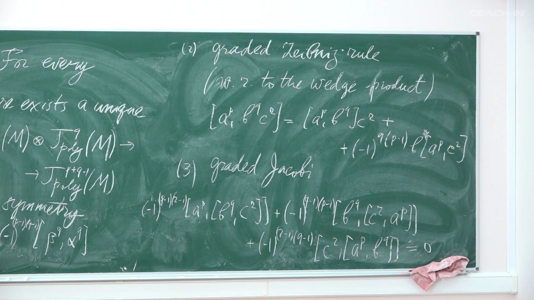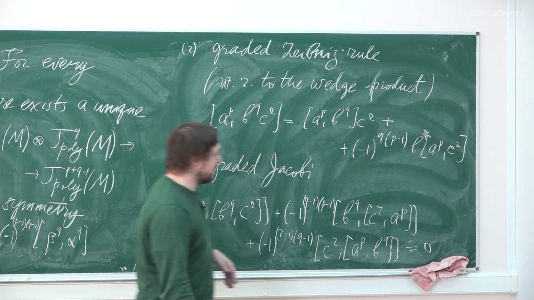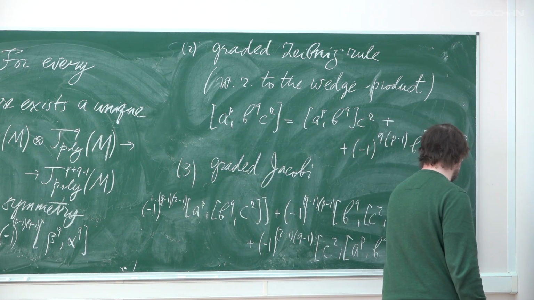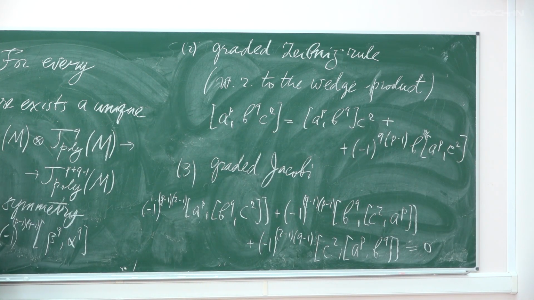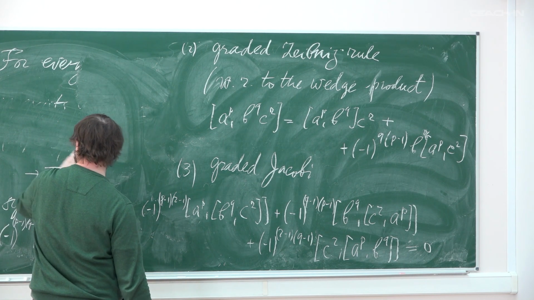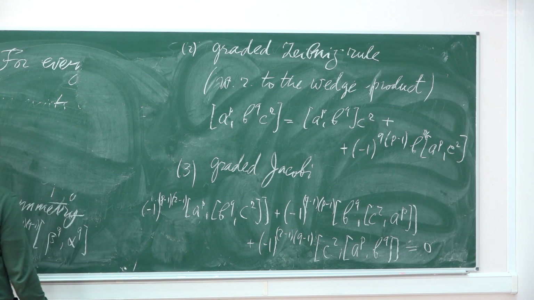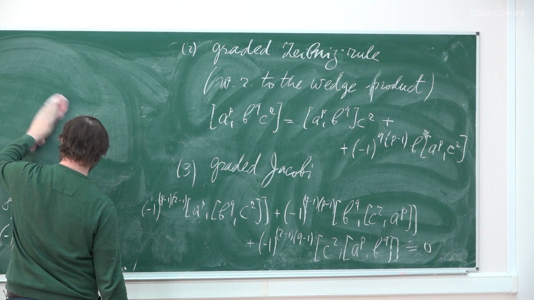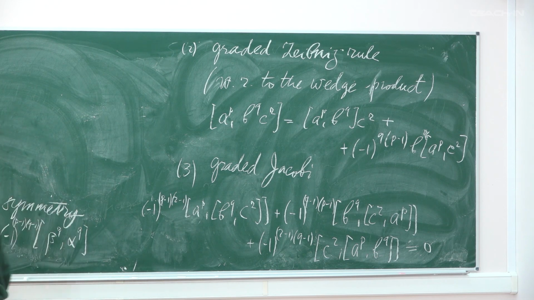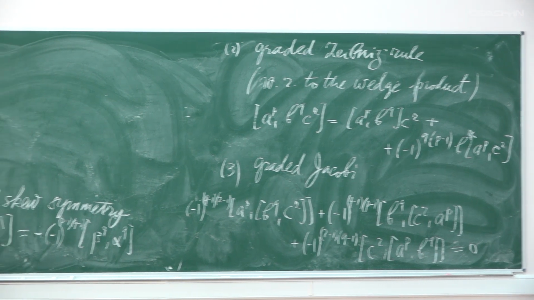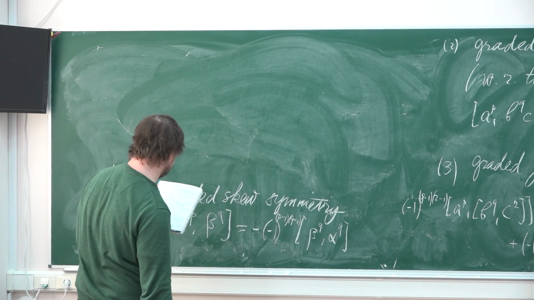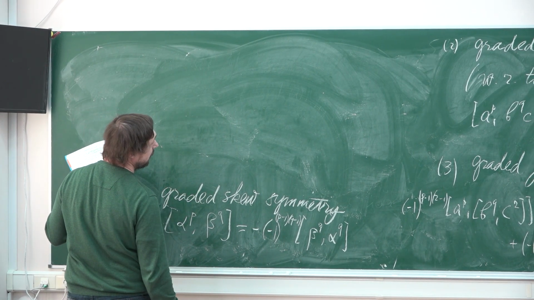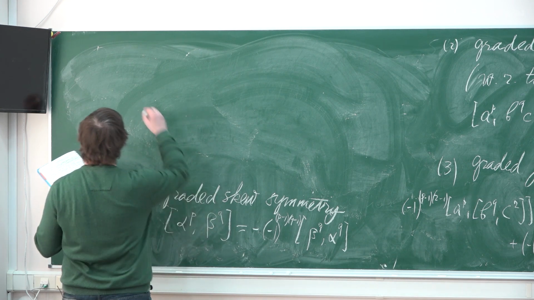But it's not enough to define the brackets, because we need to introduce what they call the normalizing conditions. These normalizing conditions actually prescribe the value of this bracket on the polyvector fields in low dimensions.